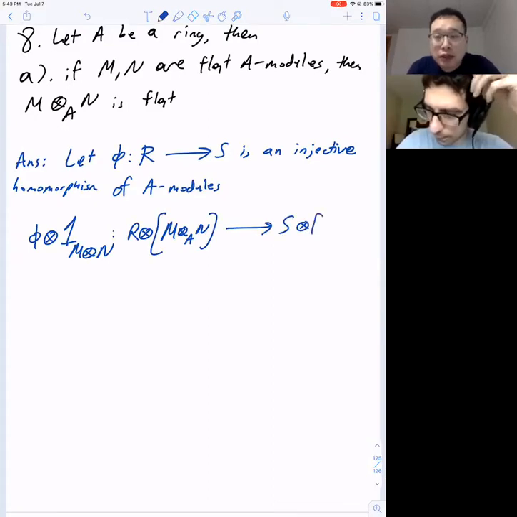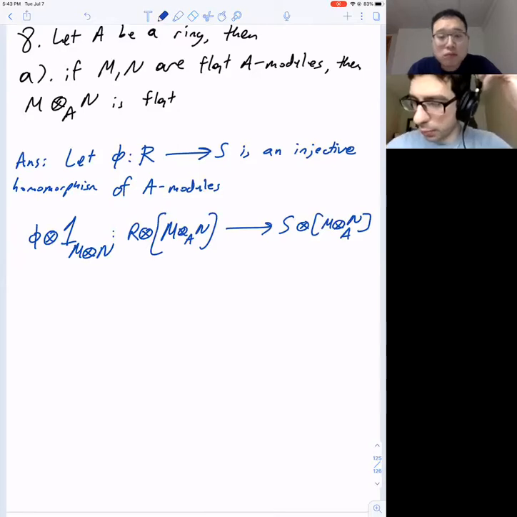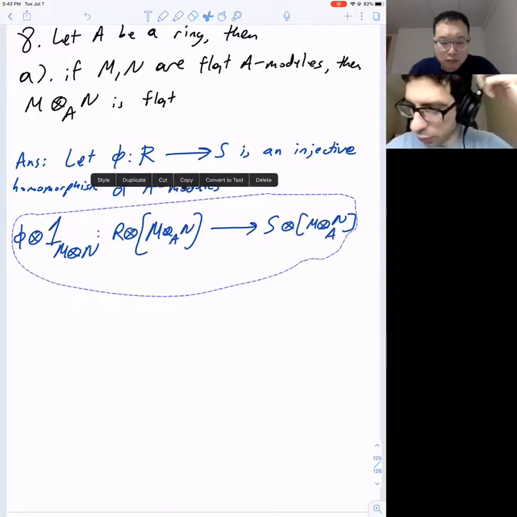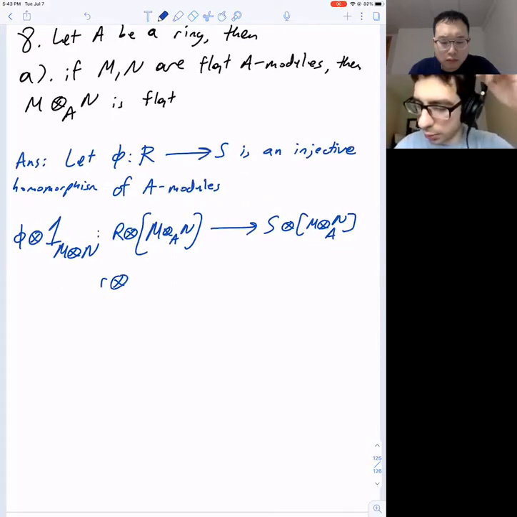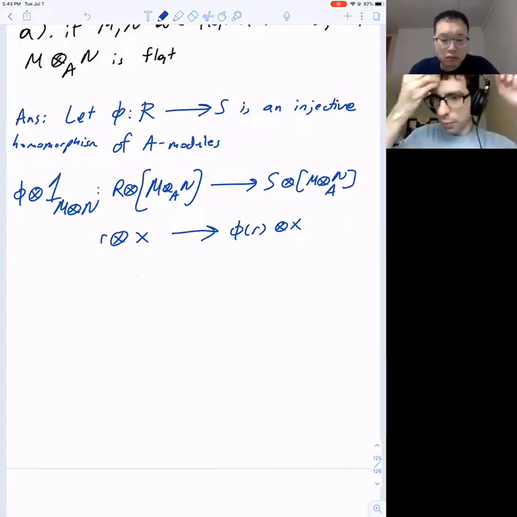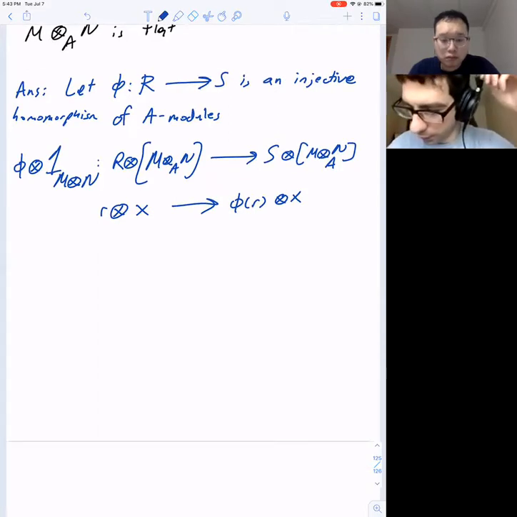So at this point, R is just arbitrary, right? Yes. Okay. So remember, what does this map do? It takes a basis element, I'll say R tensor X, and it moves it to phi of R tensor that same X. Okay, so remember that there is an isomorphism.